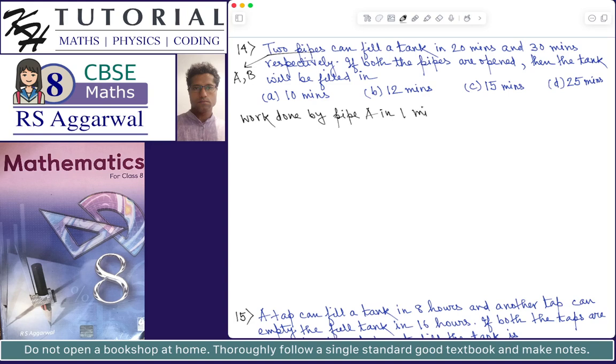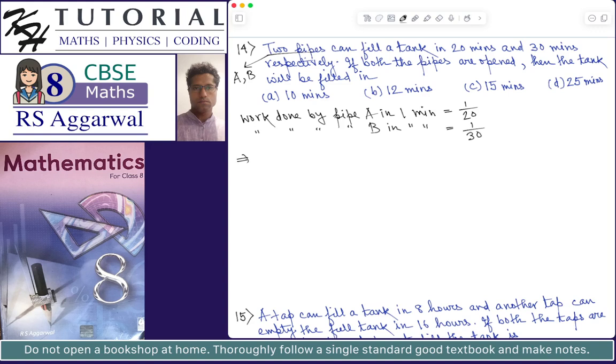Since the unit of time in this problem is minute, we can say from the fact that the first pipe, that is A, fills a tank in 20 minutes, work done by pipe A in 1 minute is equal to 1 by 20. Similarly, work done by pipe B in 1 minute will be equal to 1 by 30.